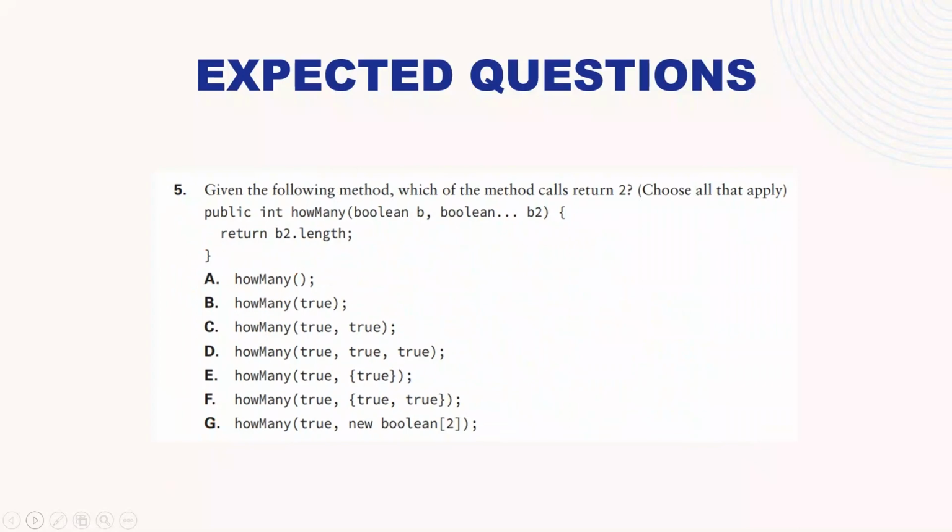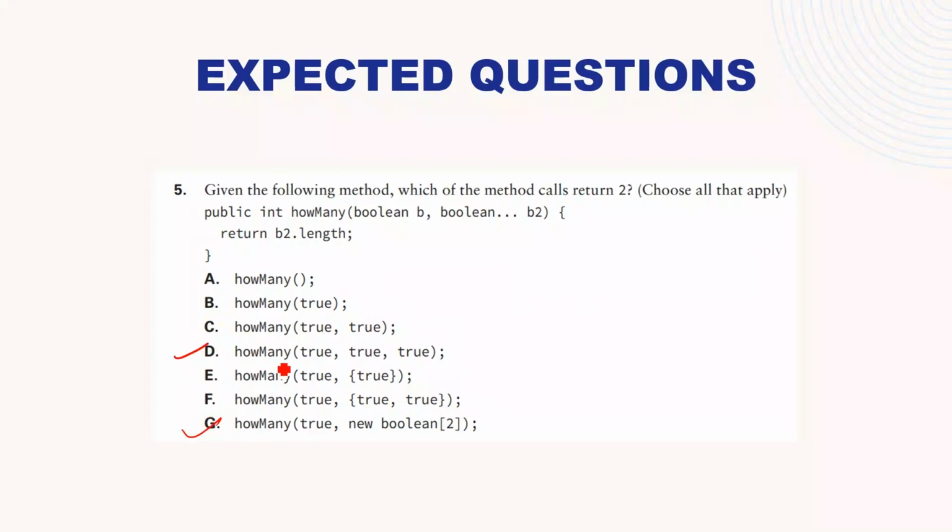Alright, so it says, given the following method, which of the method calls return 2, choose all that apply. It's a pretty simple question guys, an easy one. You can pause the video and have a look at it. But if I read through the options, I would say that the correct options are D and G, right? Why?